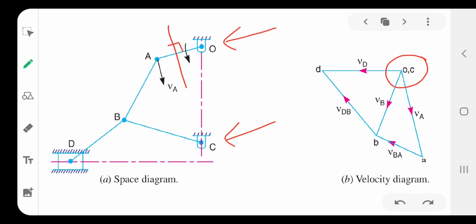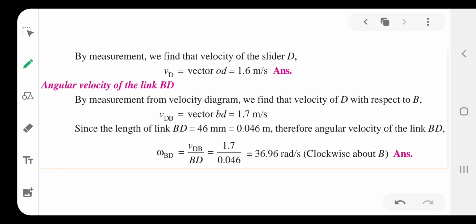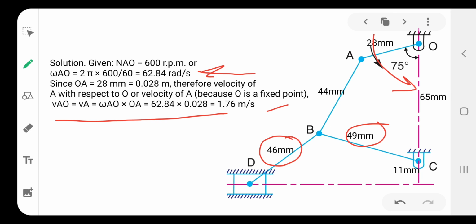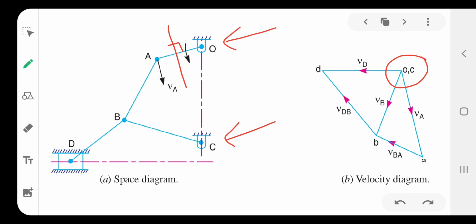Take a distance of 1.76 meter per second. Assume some suitable scale to draw this line OA. Measure a distance 1.76 at a suitable scale.